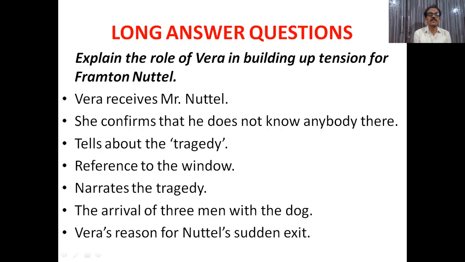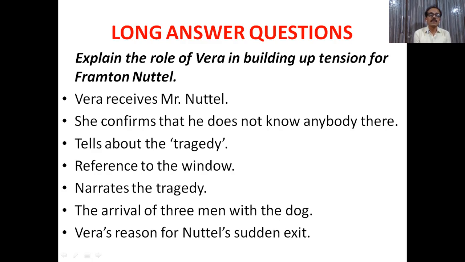Right, my dear students, we know that Vera receives Mr. Nuttall in the absence of Mrs. Sapleton. When Mr. Nuttall arrives, Vera is the person there in that home, and she receives and greets him. Of course, she continues talking with him, she converses with him, and she confirms that he does not know anybody in that particular rural area.